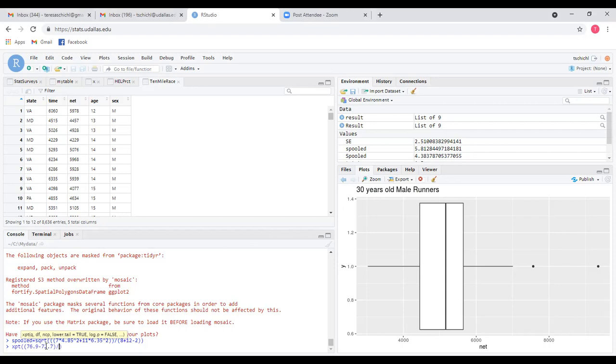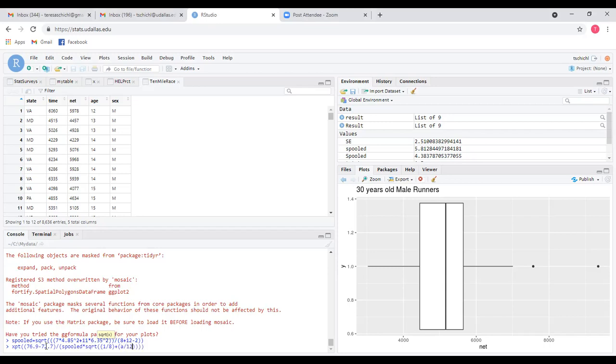Then you divide by spooled, so you say spooled times the sqrt of 1/8 plus 1/12.